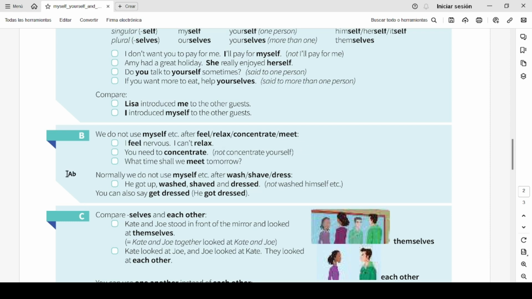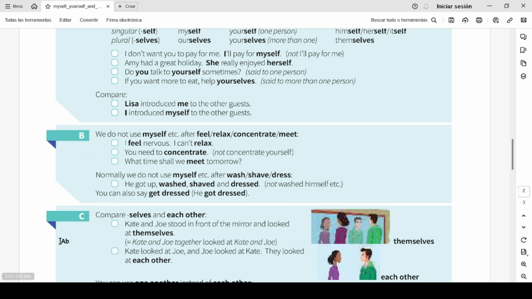So, what time shall we meet tomorrow? Same example, right? Normally, we do not use myself, etc. after wash, shave, or dress. For example, we got up, washed, shaved, and dressed. Not wash myself or wash himself or something like that, right?